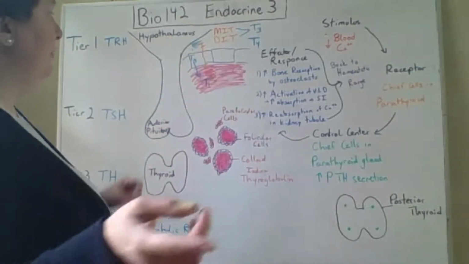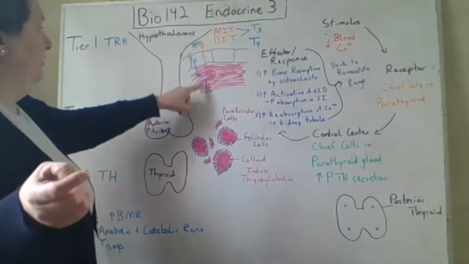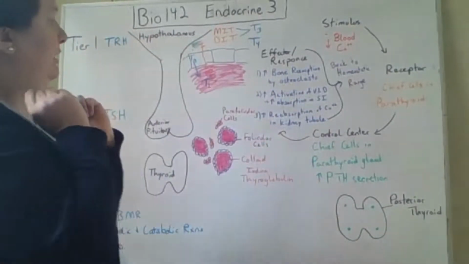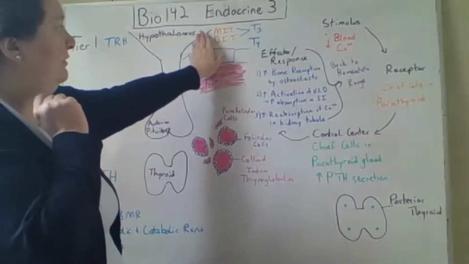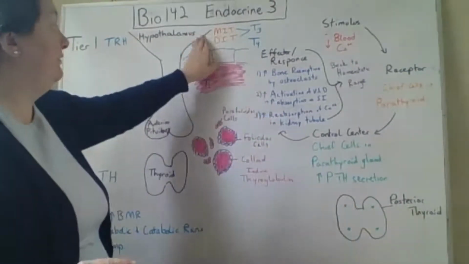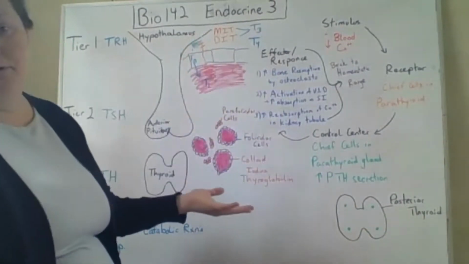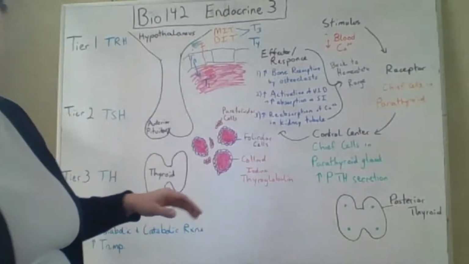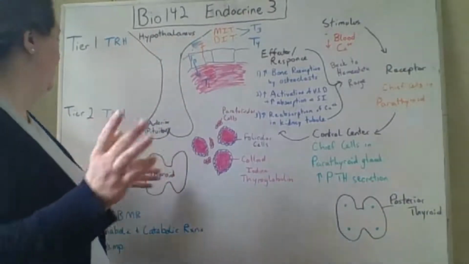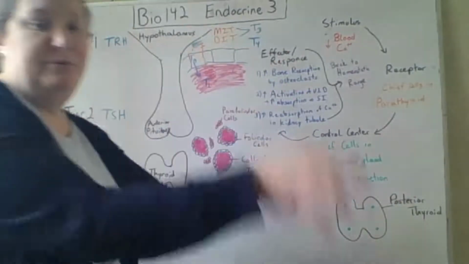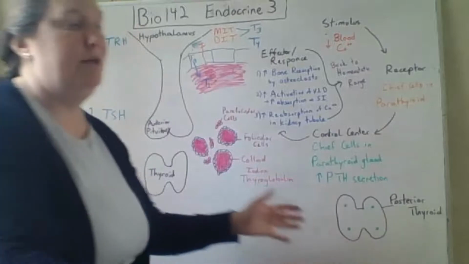Now, let's say we have the stimulator for our body saying, okay, make more thyroglobulin, but we don't have any iodine. Right? So if we need more thyroid hormone, but we don't have any iodine, what's going to happen? Well, our hypothalamus and our anterior pituitary are not going to know that we don't have enough iodine. So they're going to say, make more thyroglobulin, make more thyroglobulin.